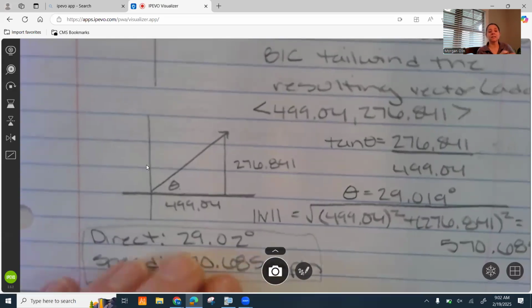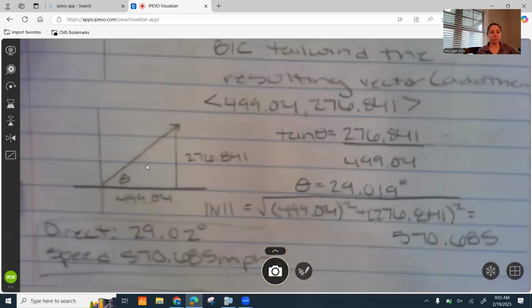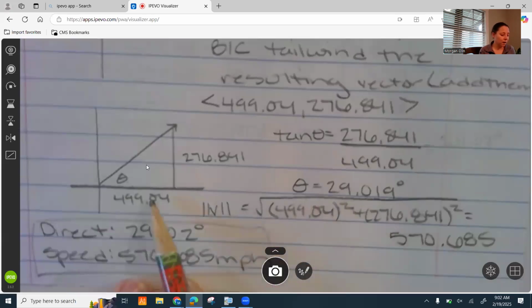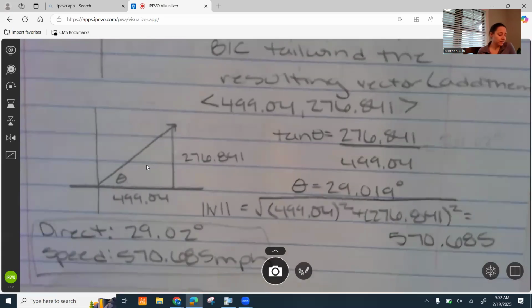Now, as far as the speed, that's the magnitude. That's when we take the square root of your x value squared plus your y value squared. So our speed is 570.685 miles per hour. So that tailwind actually makes it go faster, and changes the direction a little bit of this airplane.